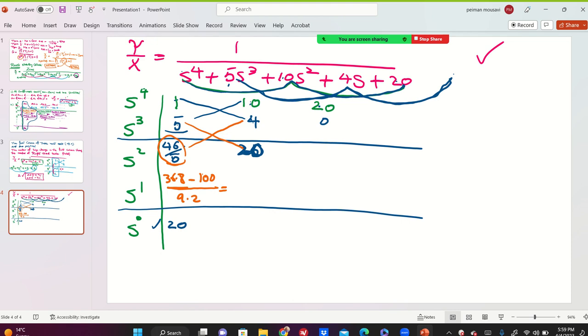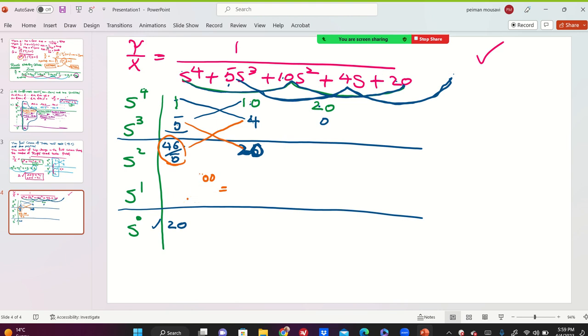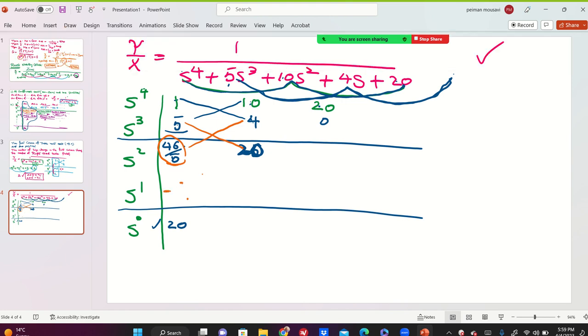So I'm going to delete everything and put it here only: minus 6.86.